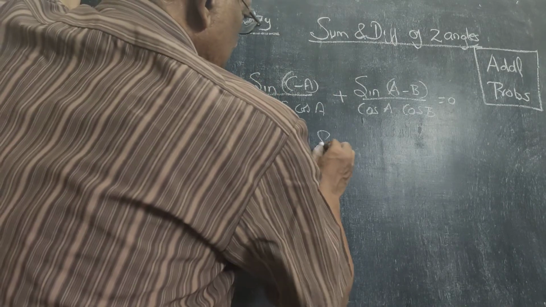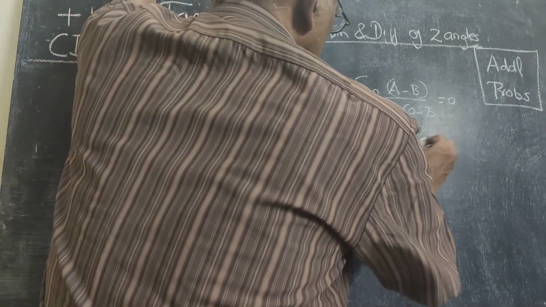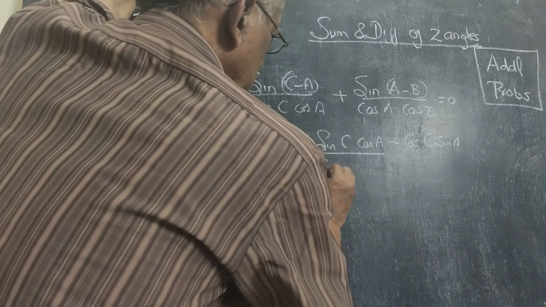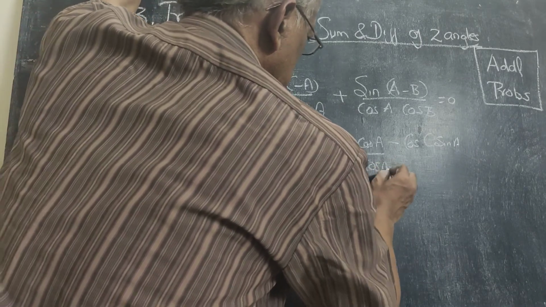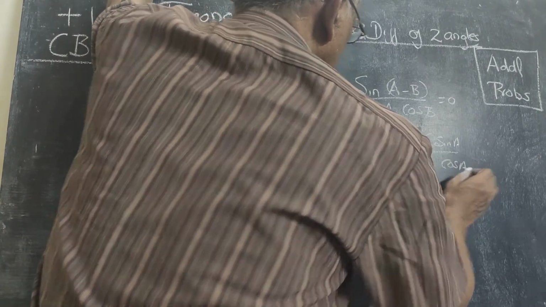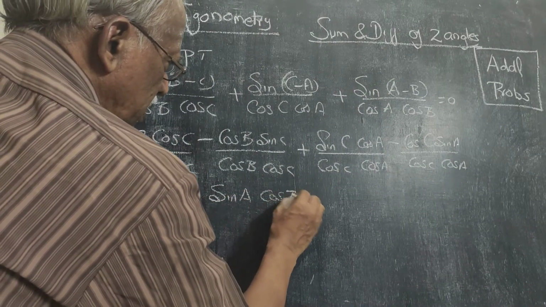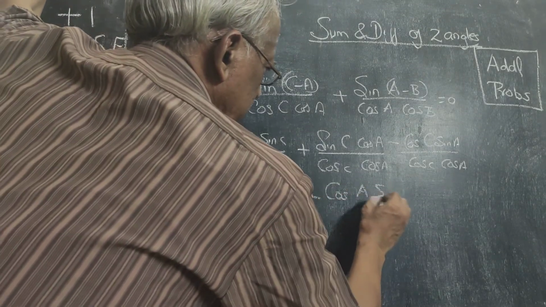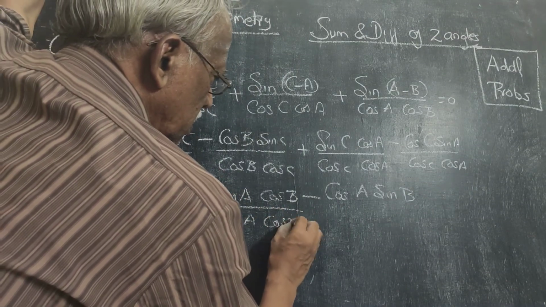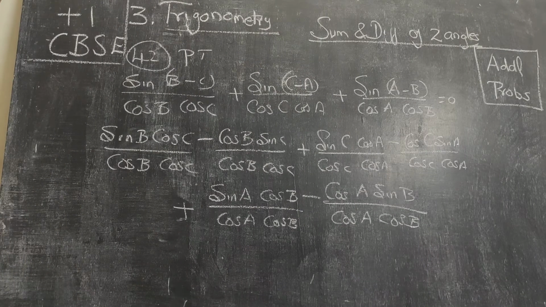Plus sin C minus A, again sin C cos A minus cos C sin A divided by cos C and cos A, plus sin A minus B. So sin A cos B minus cos A sin B divided by cos A cos B. I have just jumped one step.